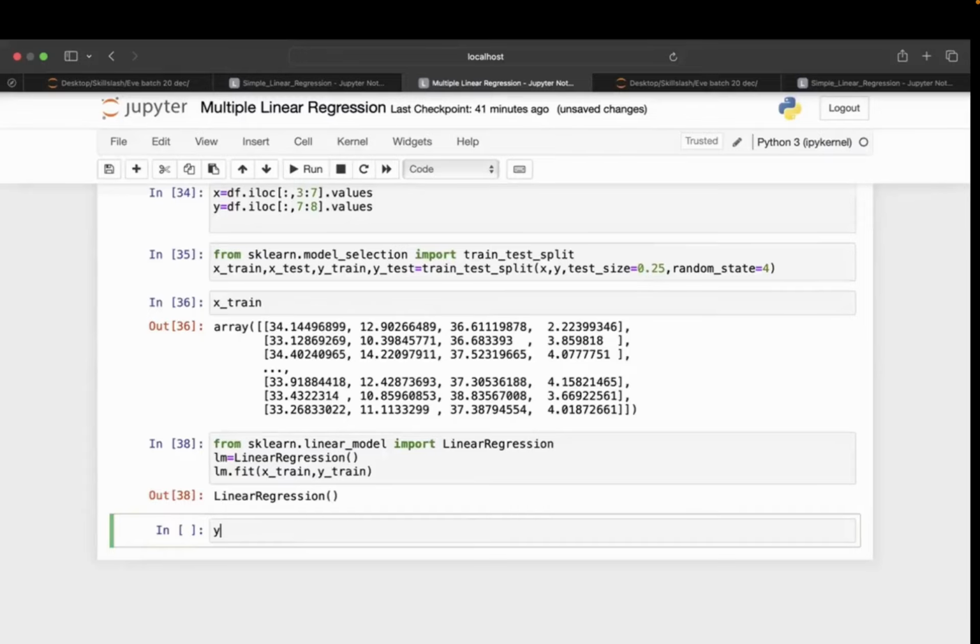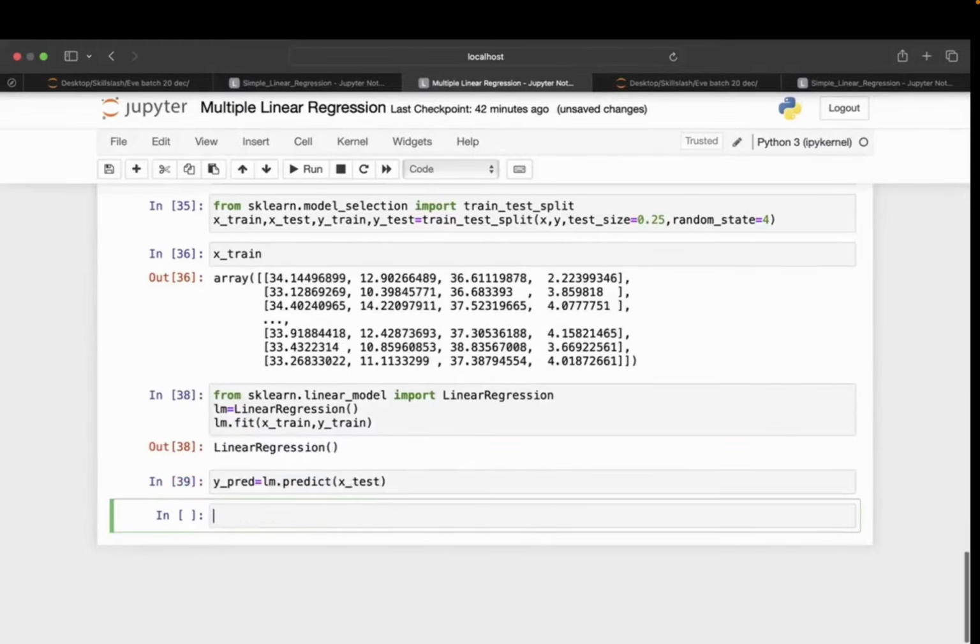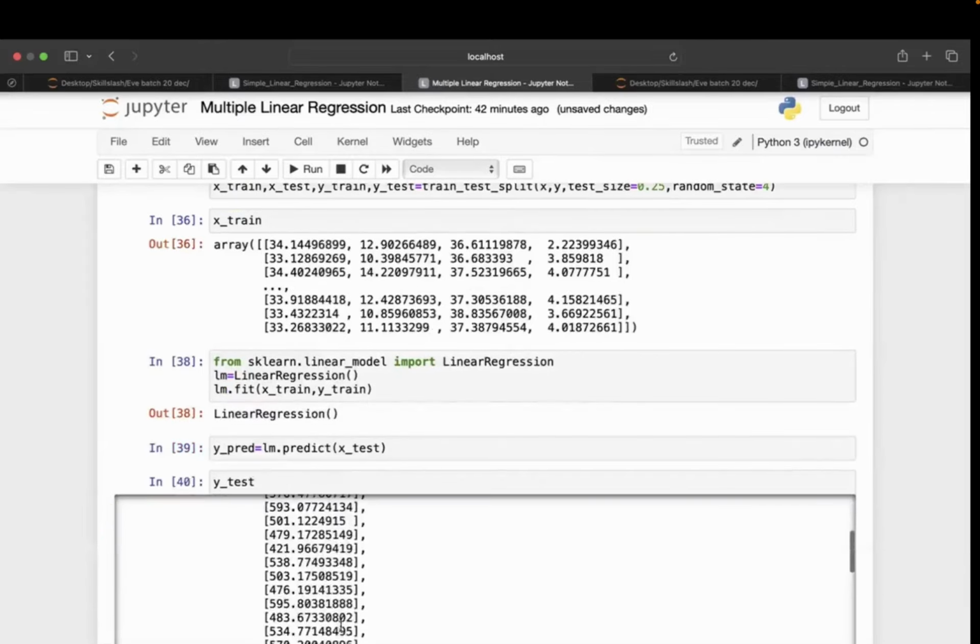Let's do the prediction. Y pred equals lm dot predict. Inside the predict, we are going to mention X test. Doing the prediction. Now we'll see how my y test and y pred are looking. This is the y test.